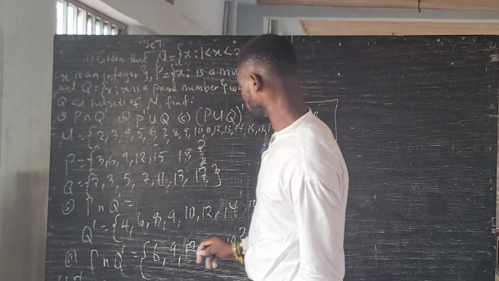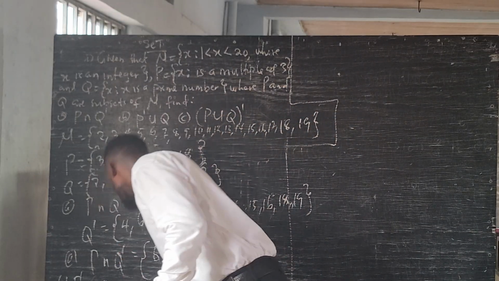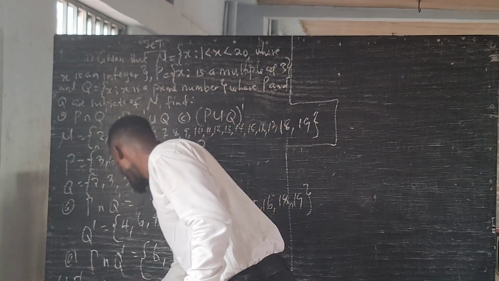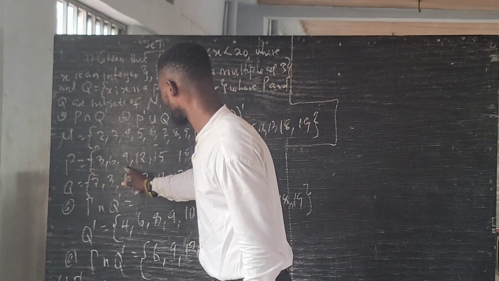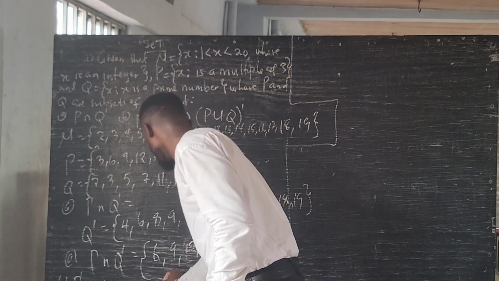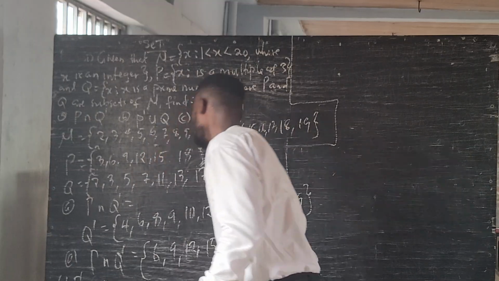So here we have 3, so we don't have 2. We don't have 4. We don't have 5. We don't have 7, 8.